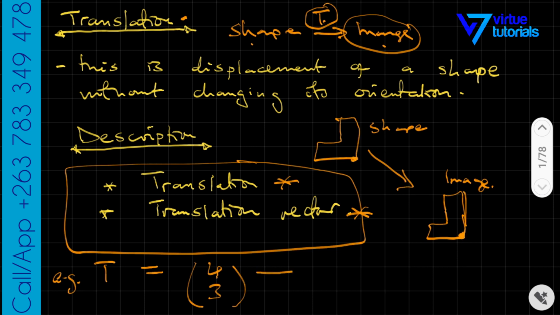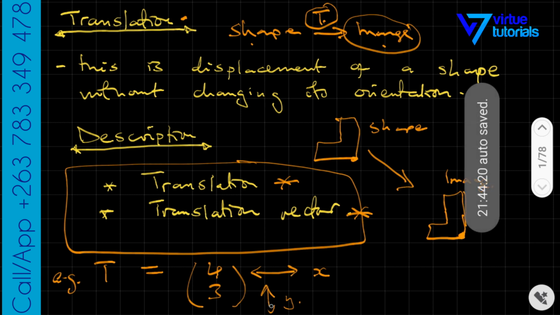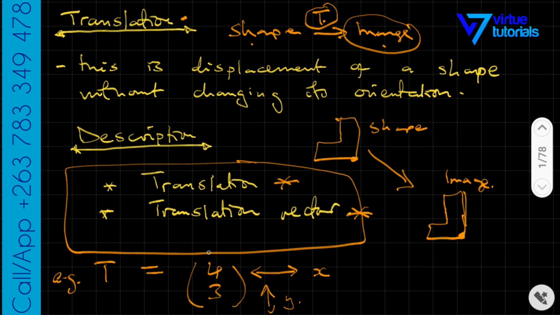How many steps in the x direction did the shape move? How many steps in the y direction did the shape move? Meaning how many steps did it move left or right, and then how many steps did it move up or down? So whenever you describe a translation, there are two things you need to remember. You need to mention that it is a translation, and then you need to also quote the translation vector for that translation.